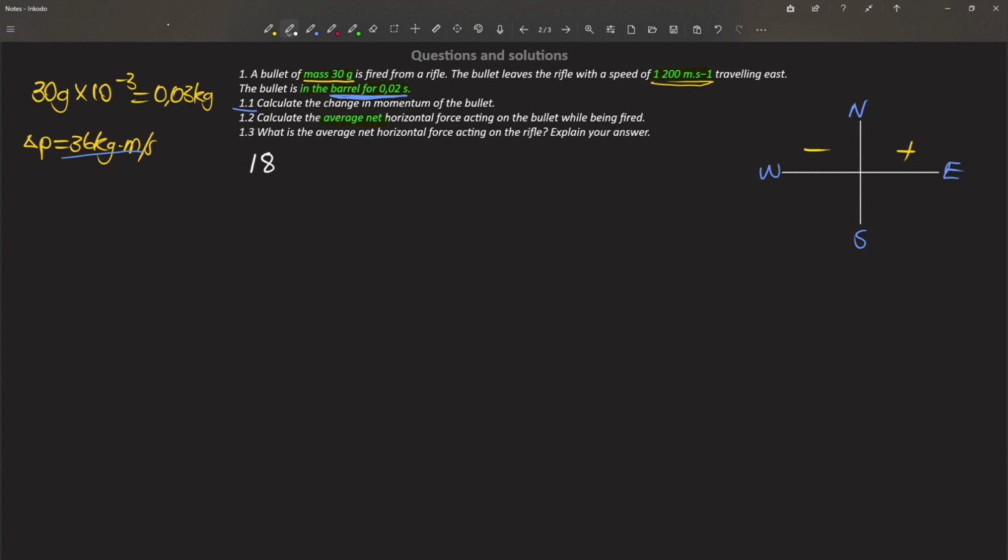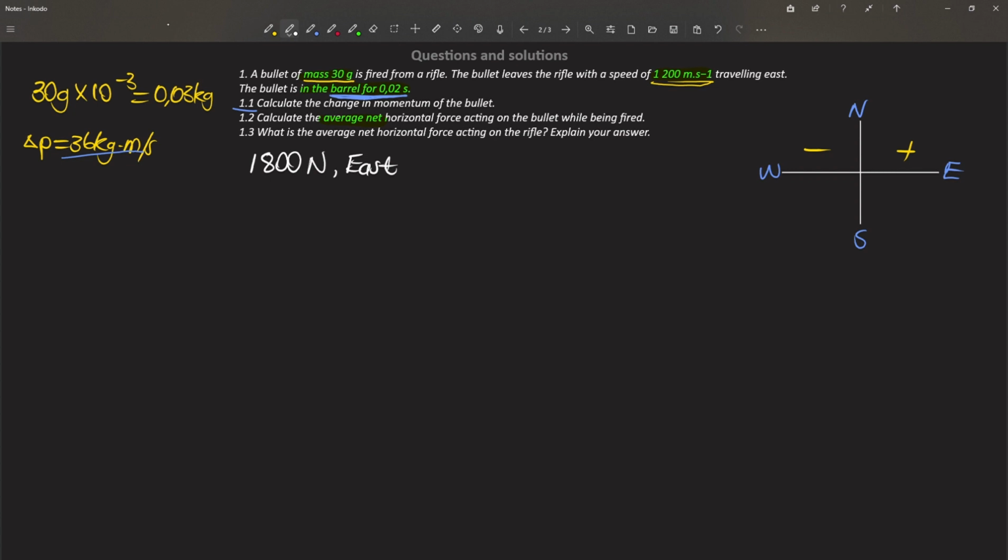That 1800 newtons that we have calculated is a result of the overall average force that has acted on the rifle during the launch of that bullet.